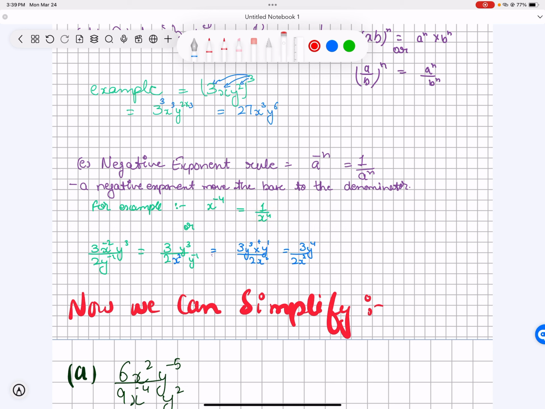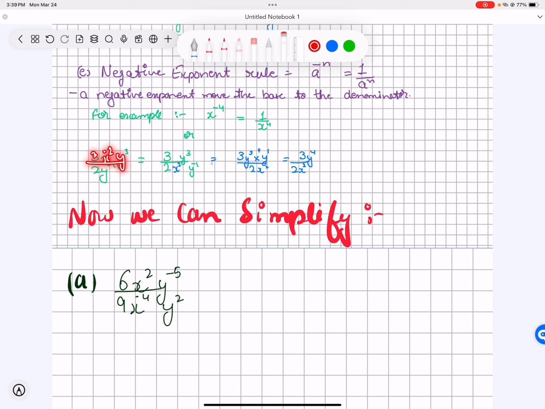And then next I have another example of 3x^-2 y^3 divided by 2y^-1. We're going to keep the x on the denominator, and we're going to keep y on the top.